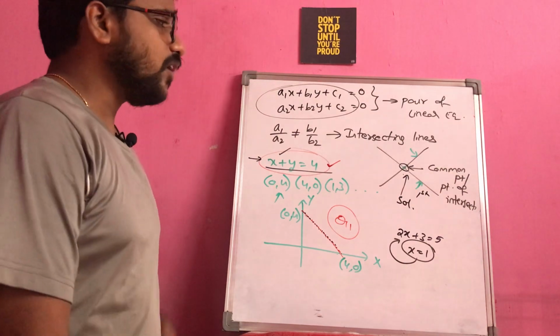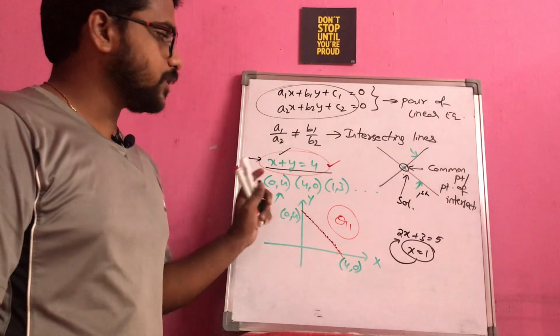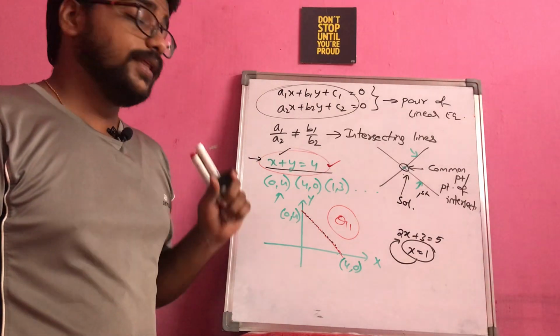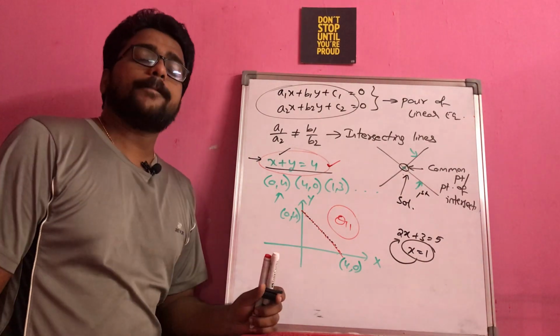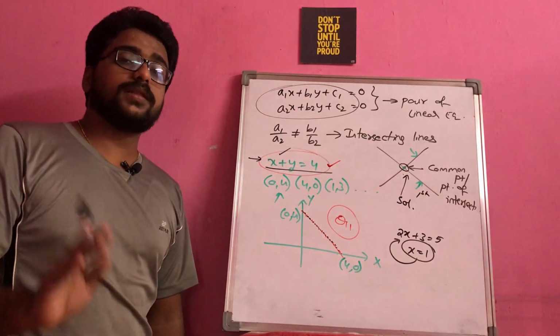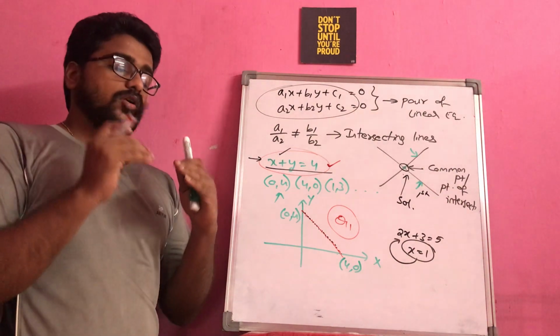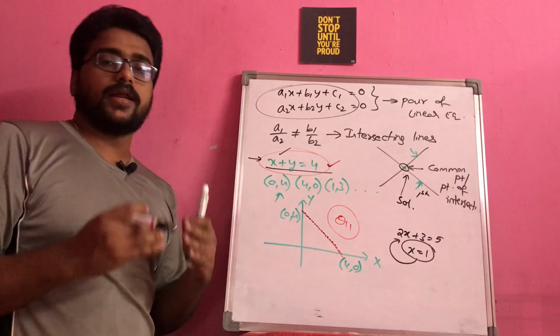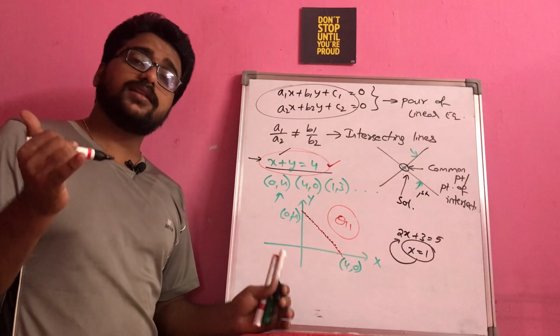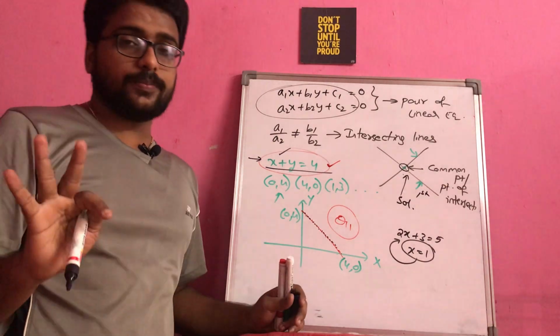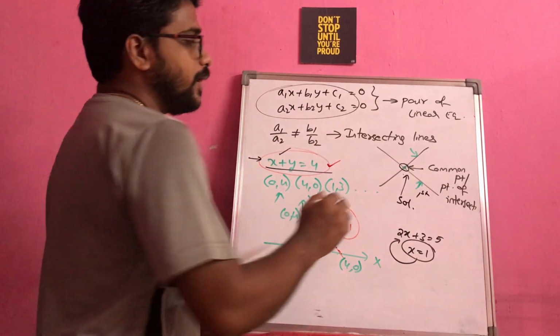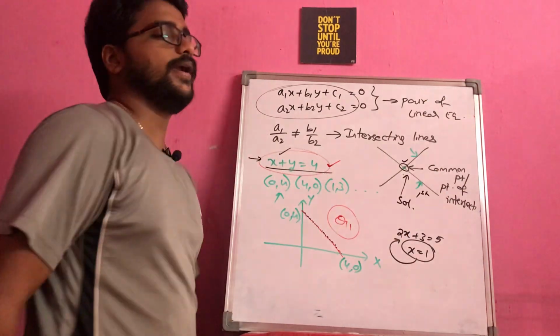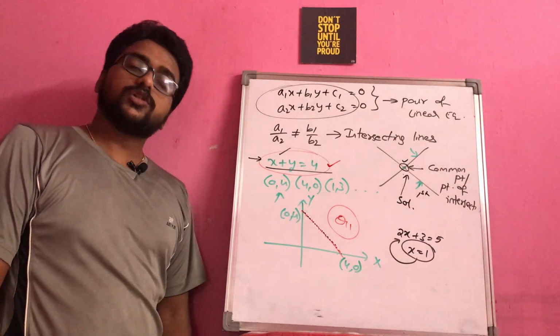But when I include one more line with this given line, there may be a case where all the points may not be common for both the lines. That may not happen. Another thing is they may not have any common point at all, or they may intersect at only one particular point, which we name as a solution.